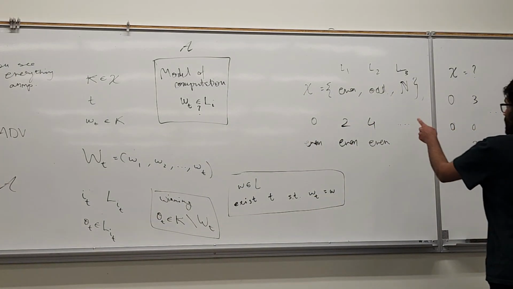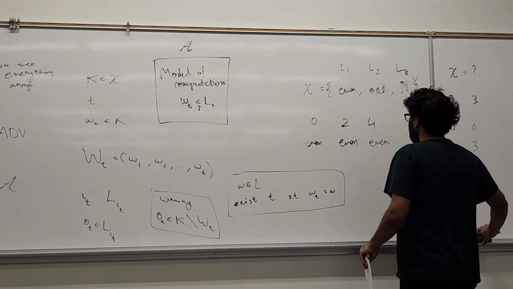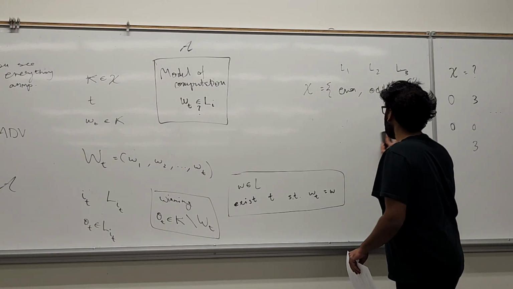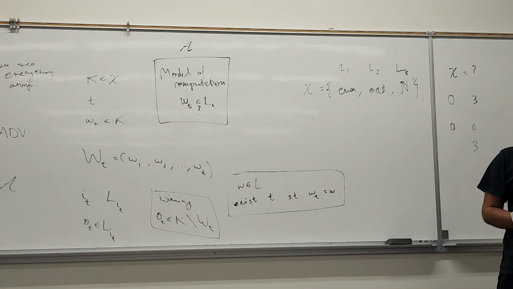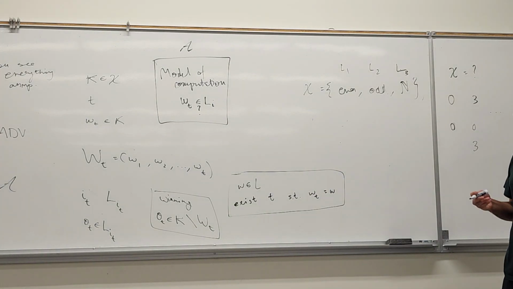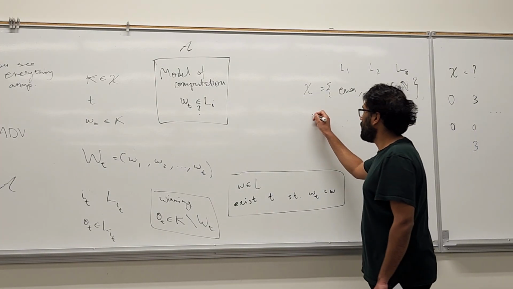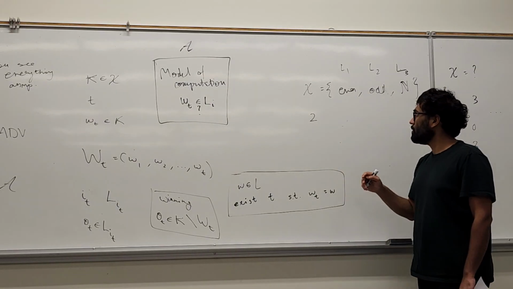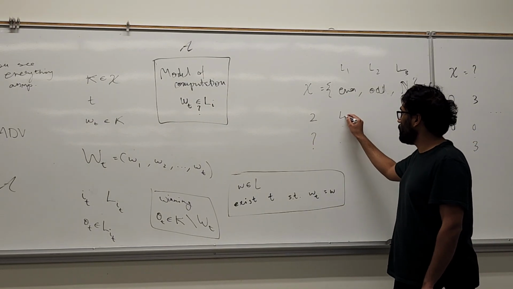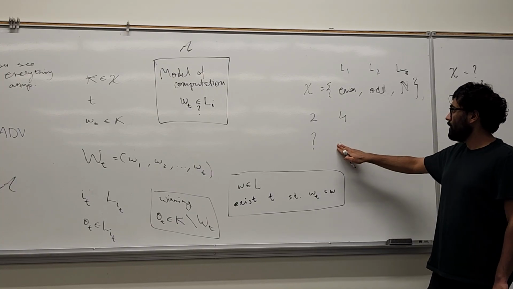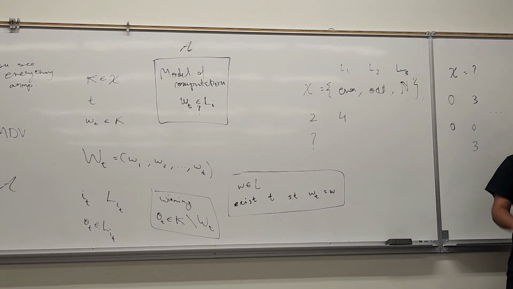Okay, I guess it's this one now. So we are looking at the same example, this time under the generation in the limit scenario. I give you a string 2. Now you make some guess. Then I give you 4. Now can you make a guess? 6.